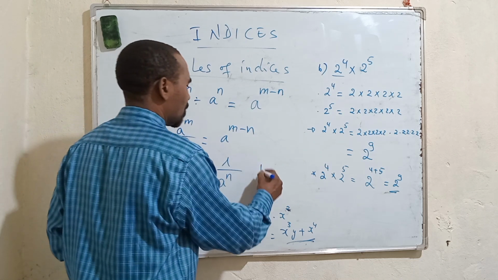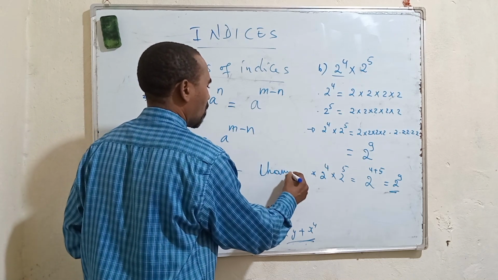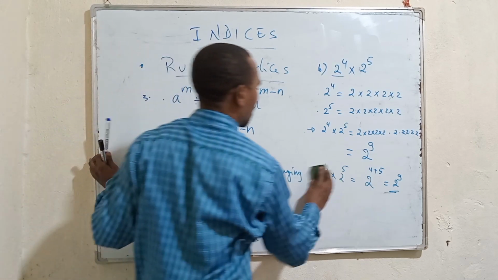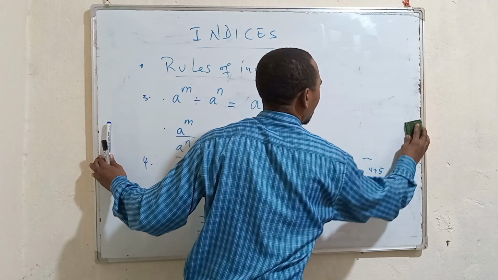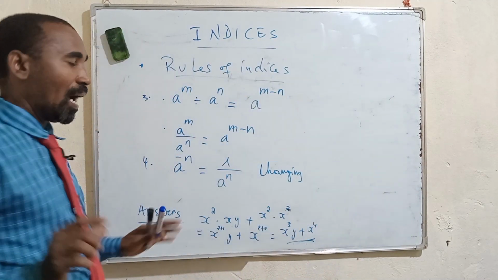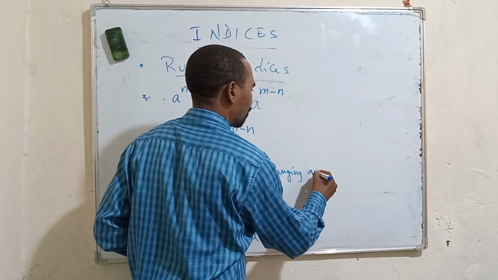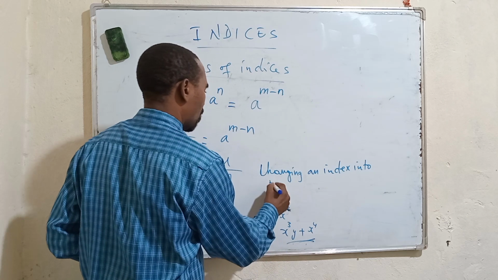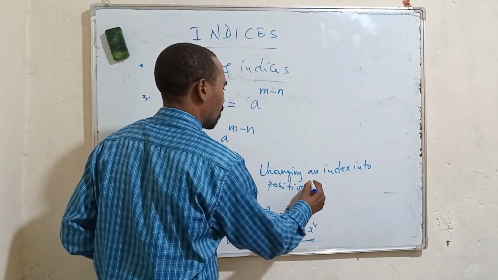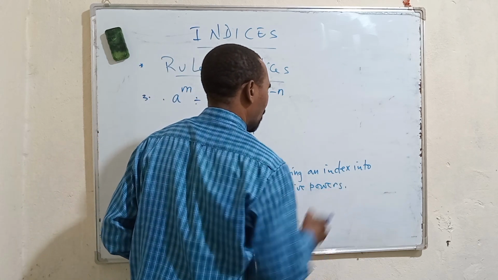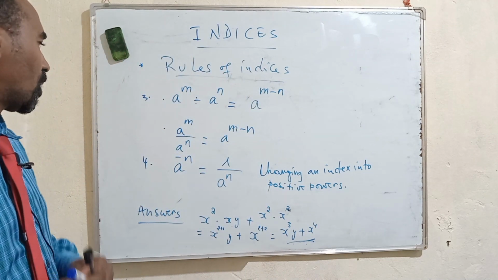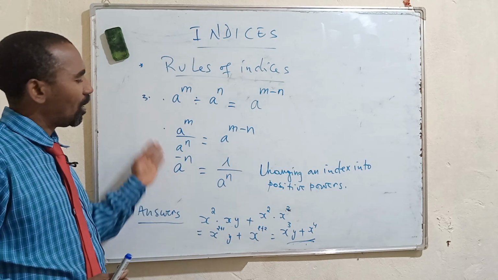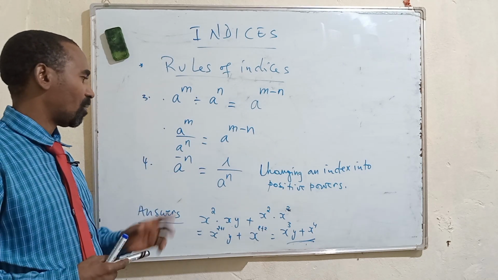This is changing an index into positive powers. Normally, it is better to write a number in positive power. If you get a negative power, you apply this property to get the positive power.